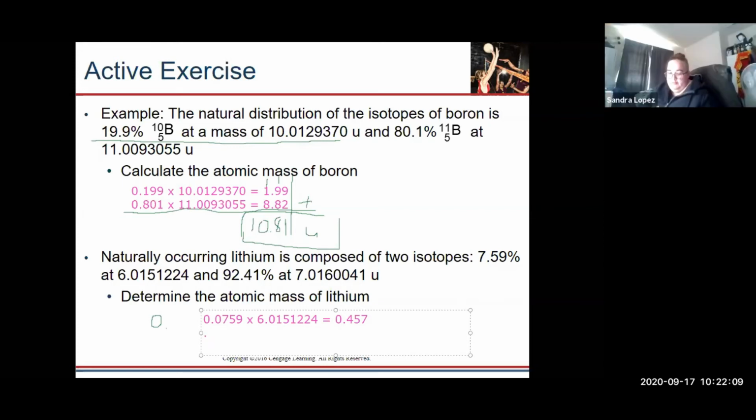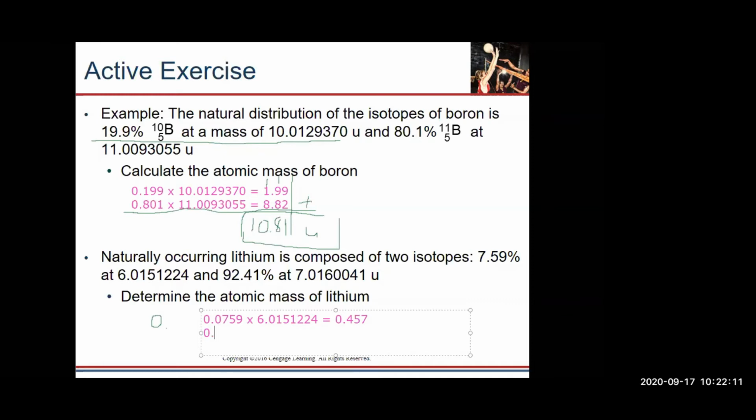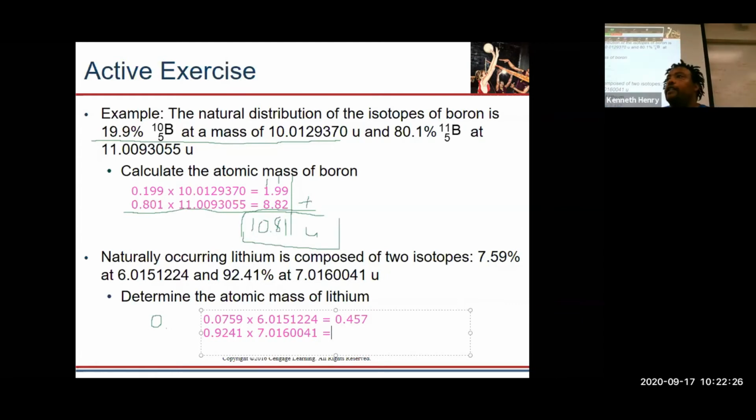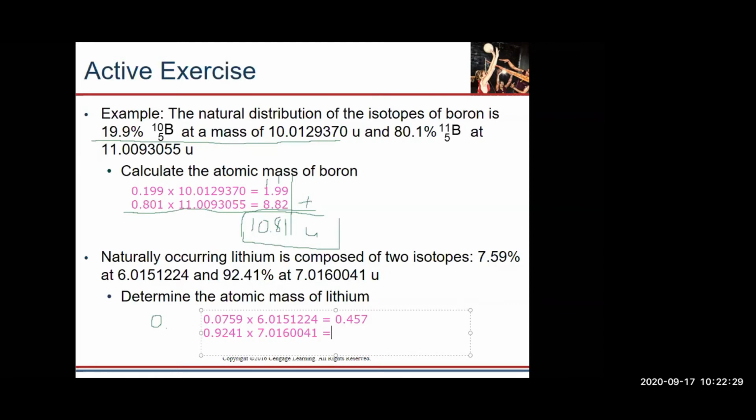Multiply 0.9241 times 7.016041. Okay, sig figs. 4.